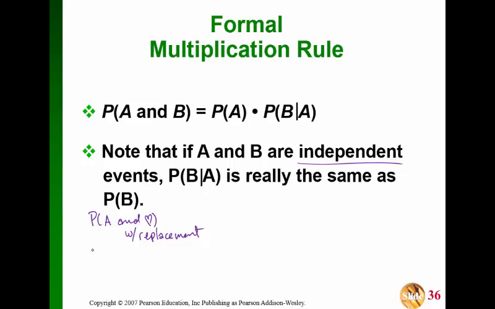And so we found that in that case, the probability of drawing an ace times the probability of drawing a heart is, what was it again? It was 4 out of 52 times 13 out of 52. And we see that the probability of drawing a heart didn't change because of the first event happening.